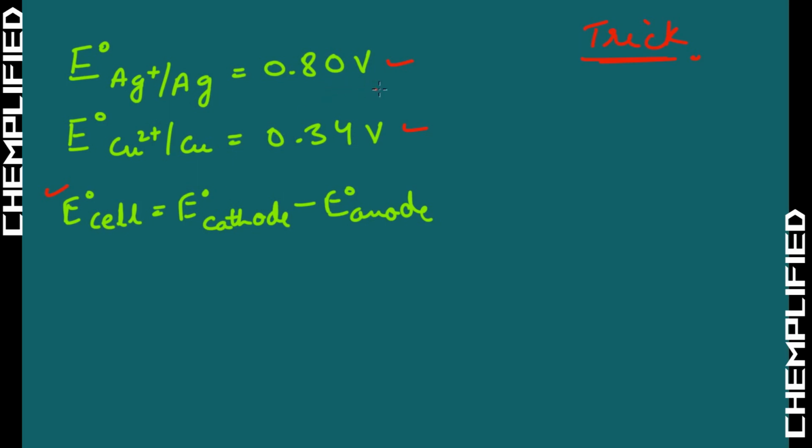Now just find which one is the lower value. In silver and copper, the standard electrode potential of copper has the lower value, right? Both are positive values. 0.34 is less than 0.80. So you just write that copper is undergoing oxidation.